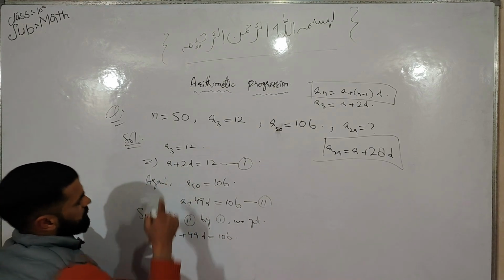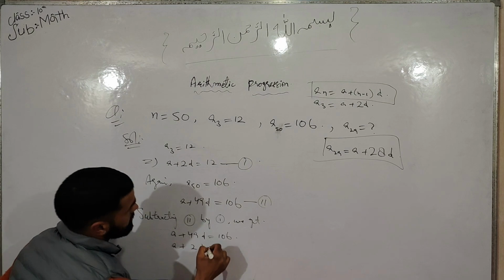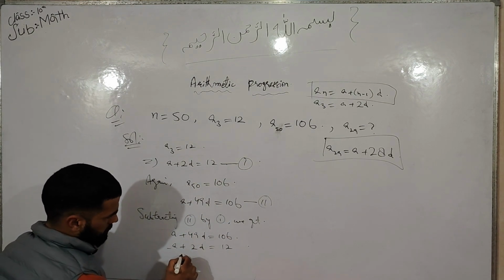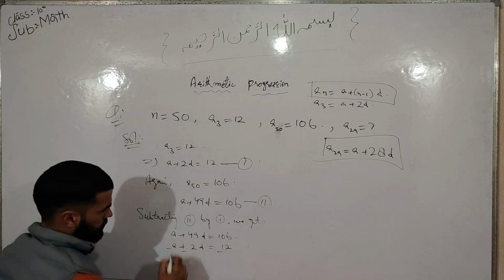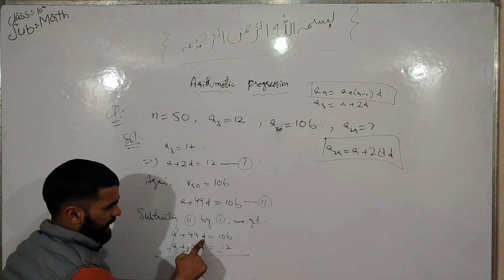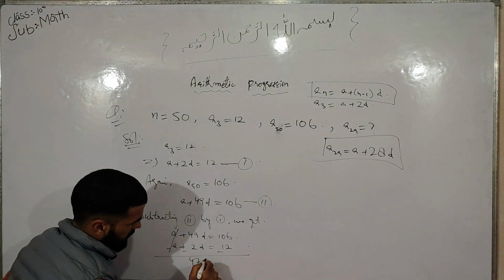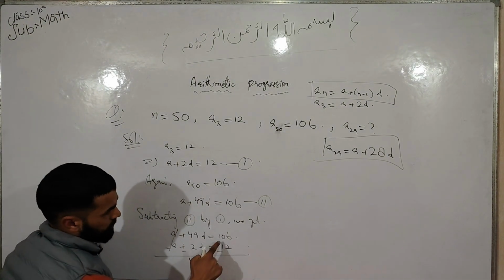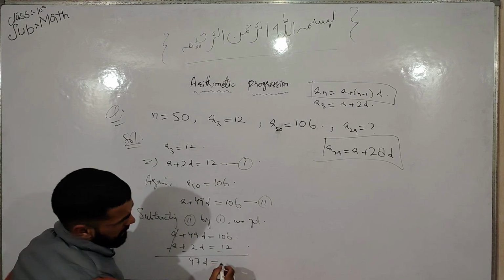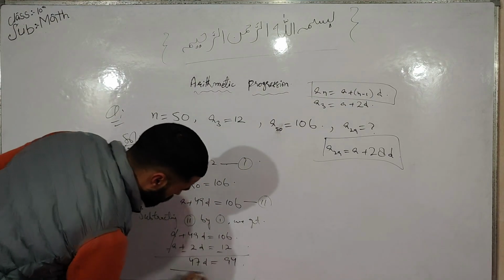Subtract the first, a plus 2d is equal to 12. So when we subtract, a minus a will get cancelled out. We get 49d minus 2d, that is 47d, is equal to 106 minus 12, and that will be 94.